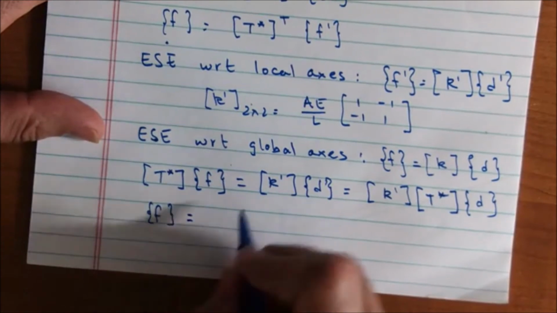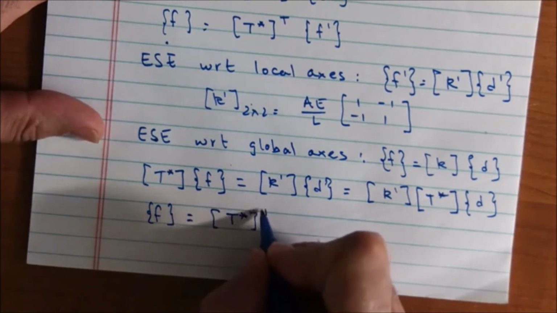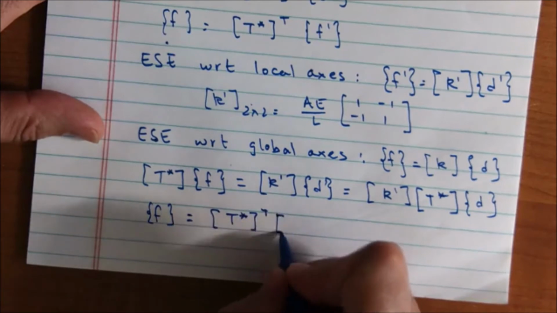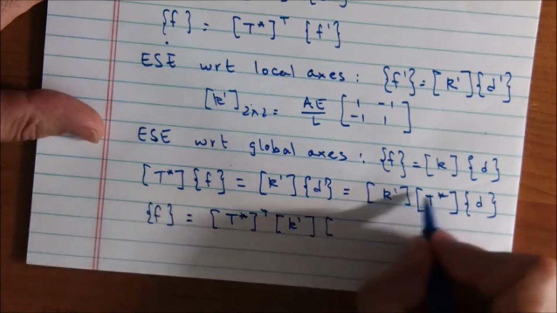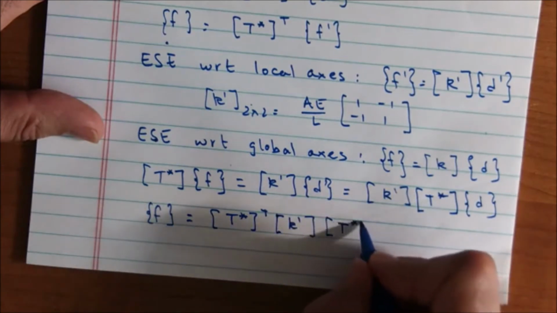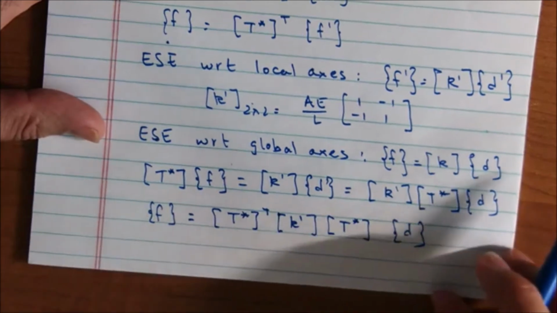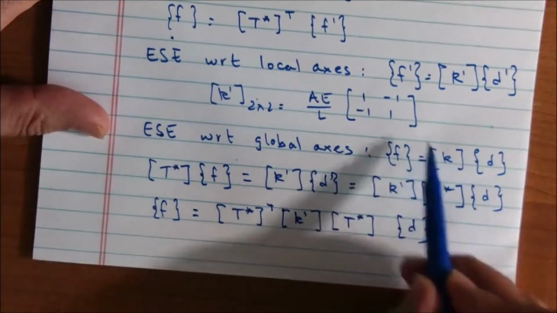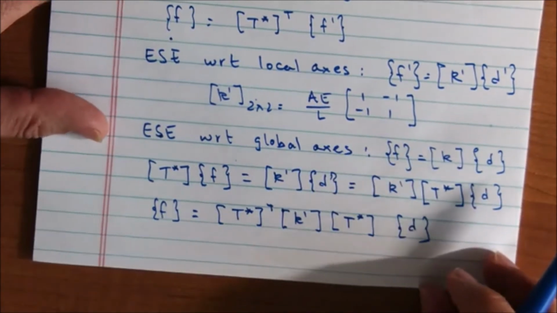So I get that F then is equal to T star transpose multiplied by K prime multiplied by T star multiplied by D.